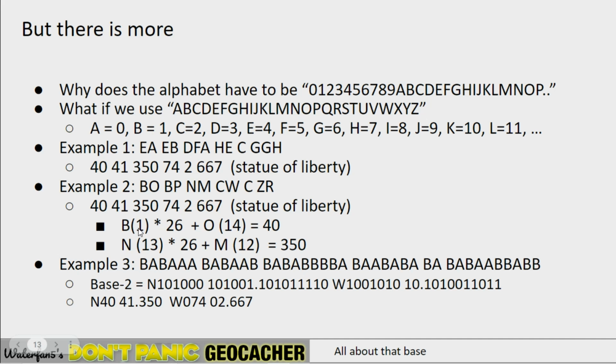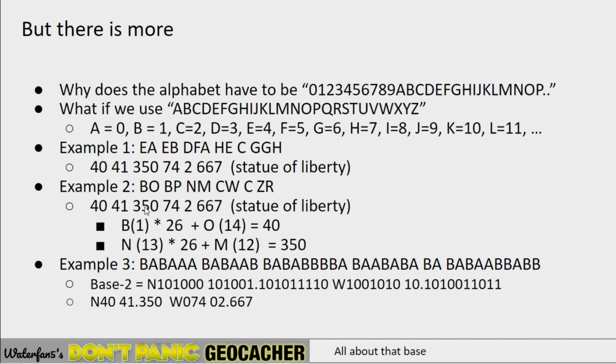So BO is 1 times 26 plus O, which is the 14th letter in this alphabet, added together is 40. So we get the 40 again. And the same the other way around. If we do N, it's the 13th letter in this alphabet, times 26 plus M is 12. Combined is 350. So you see NM is 350 in this scenario.